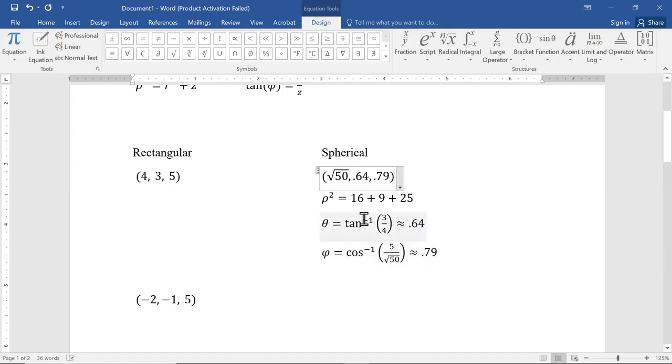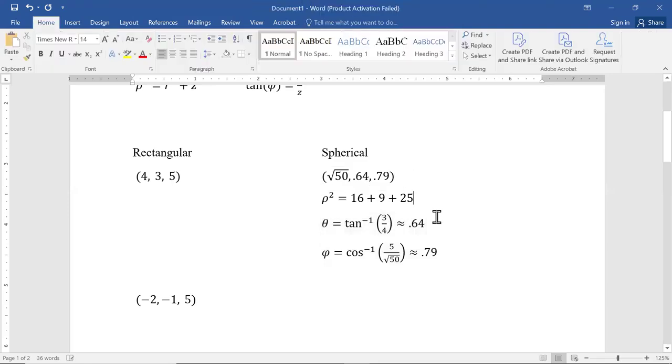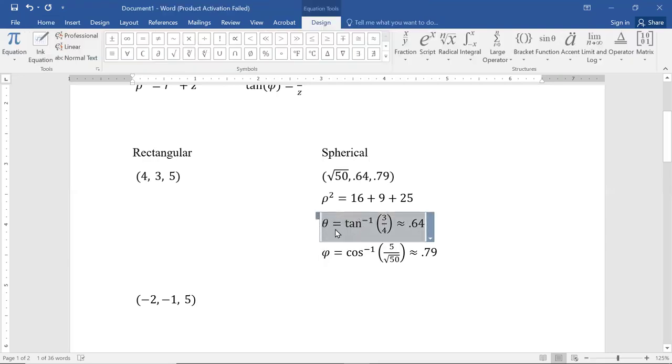All right. Let me just say this, okay? Phi goes from 0 to pi. If we do the difficult work of quadrants with theta, then we can always assume that our phi goes from 0 to pi, and we'll be all right.